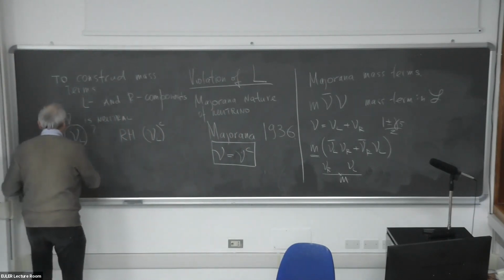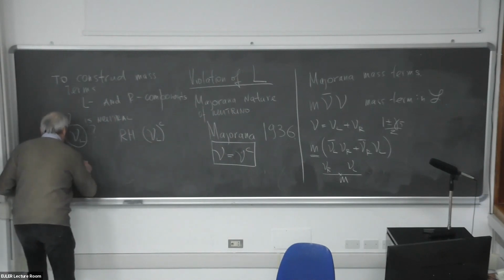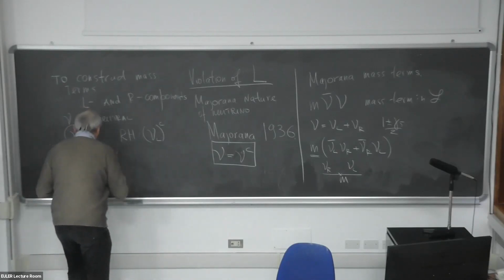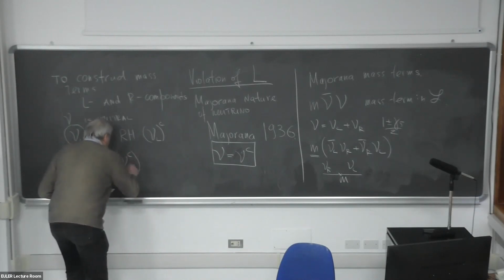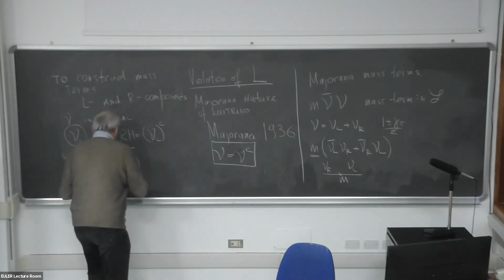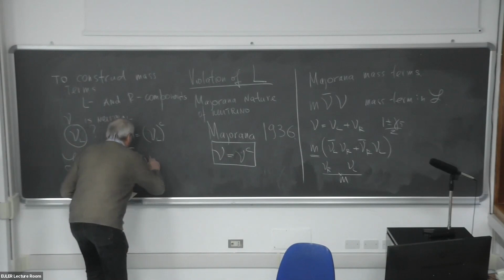Therefore, we can construct the mass term using the following. We take mass term over 2. Then we use this nu left C and make Dirac conjugation, nu left, plus Hermitian conjugate.